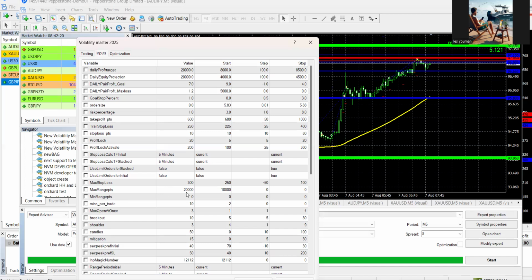And if the range between the blue and the red line is less than 0, then it won't trade. So by using a large number here and 0 here, it means that it's not going to affect the trading at all, because it's always going to be less than 20,000 and it's always going to be more than 0.